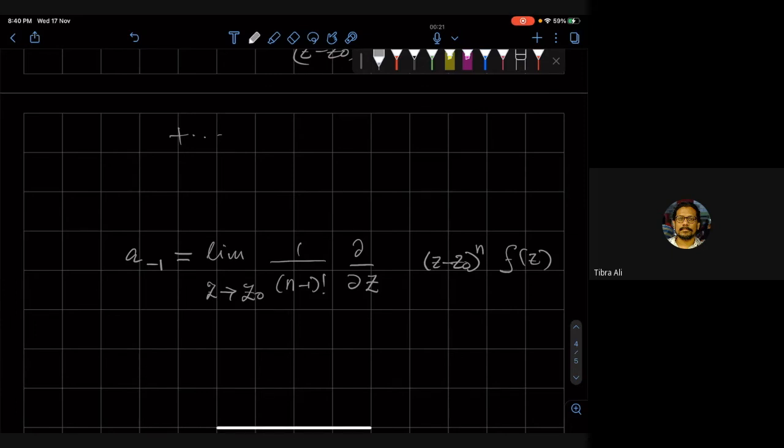That gets rid of the z dependence of the highest power, and all the other terms become non-singular. Then you take the derivative of this resulting thing n minus 1 times, and you basically pare it down to the a minus 1 term. And then when z goes to z naught, all the higher order terms, the finite terms, go to 0. Okay. Any questions?